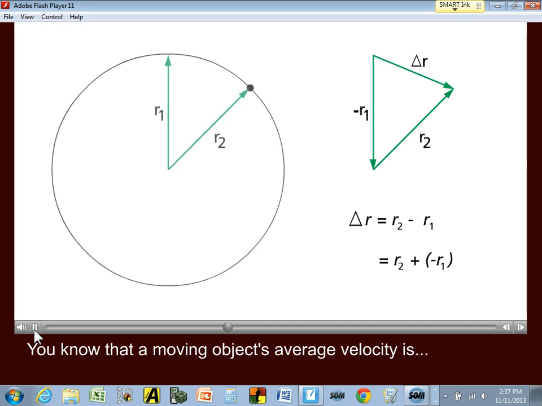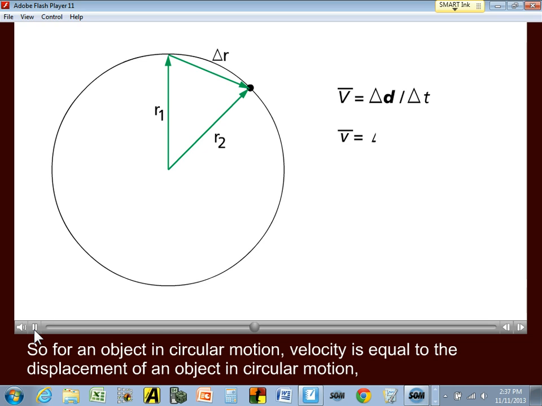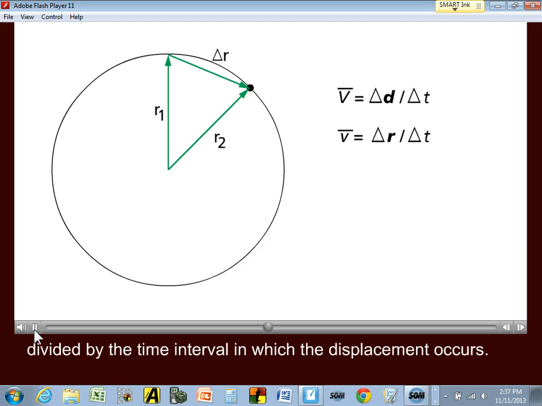And now we have You know that a moving object's average velocity is the displacement of an object divided by the time interval in which the displacement occurs. So for an object in circular motion, velocity is equal to the displacement of an object in circular motion divided by the time interval in which the displacement occurs.